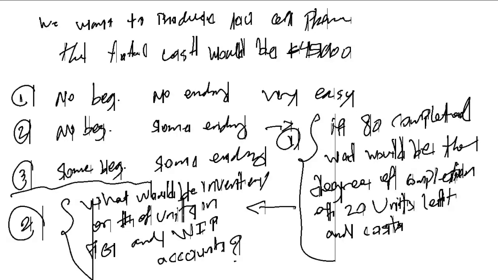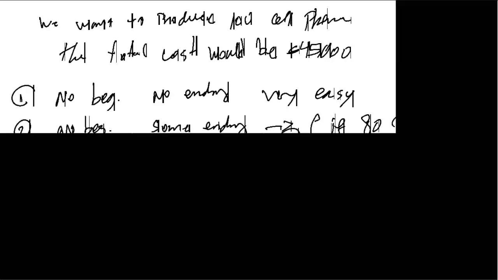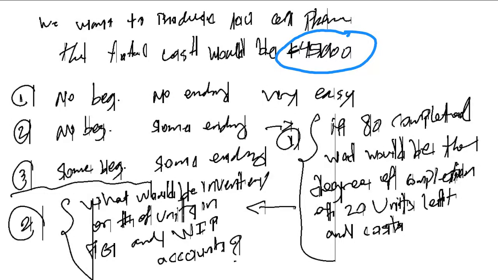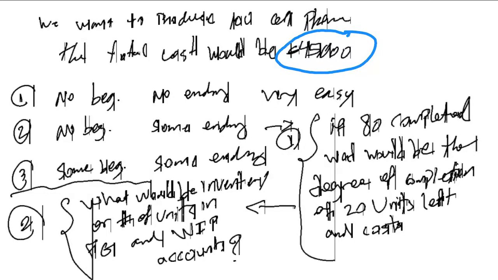How much of the $45,000 is assigned to the 80 completed units, and how much is assigned to those 20 units that are not fully completed? This is the main topic in process costing. If we understand this one, it will help us understand all the slides that I gave you in the PowerPoint presentation.